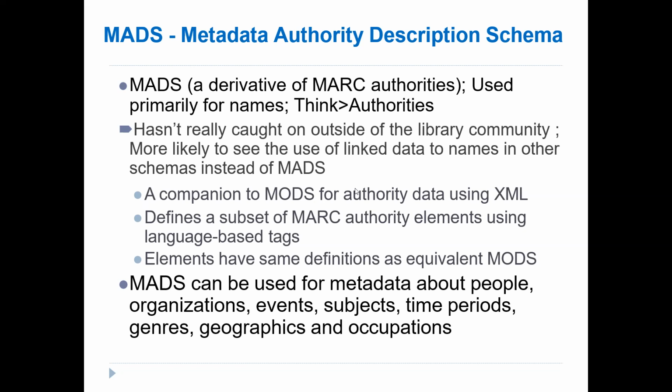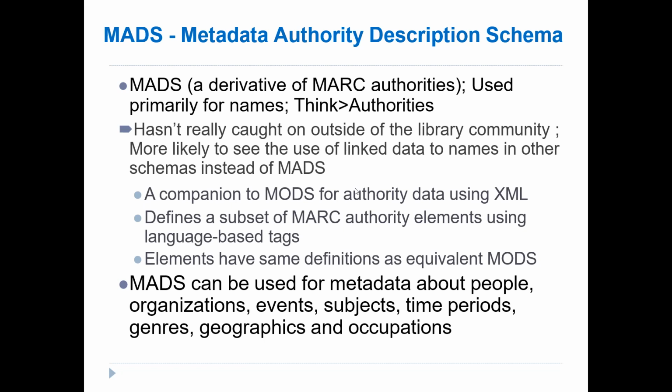Since it's not really caught on outside as much as I would have hoped by now, your software may or may not support it. But certainly it would be one to look at if you were doing, say, an institutional repository or maybe a digital humanities project where you have a lot of individual resources and you want to find a way to put some identity management within that particular software.